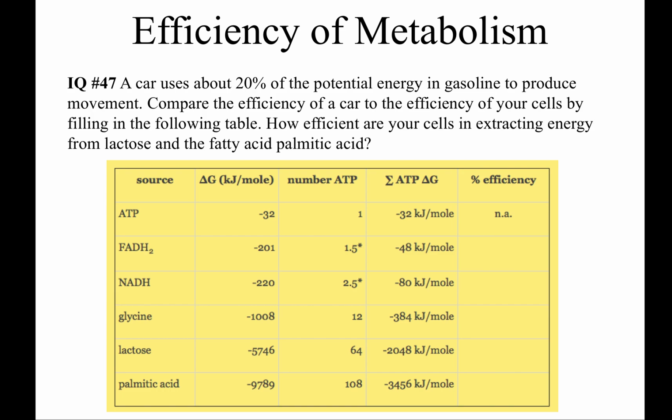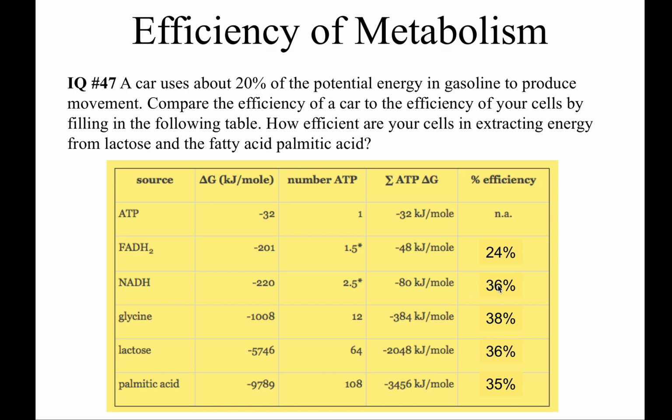So what about these other molecules that we've made in stage 1 through 4, or before stage 1 through 4? How much energy do you get out of them? Well, FADH2, when you oxidize FADH2 and you pass off those electrons to complex 2 in the electron transport chain, you get about 24% of the energy captured in the ATP you make.